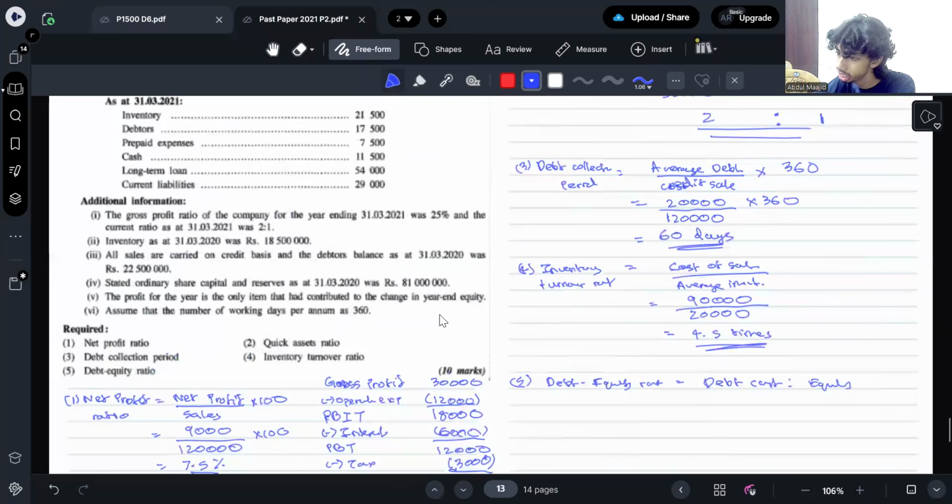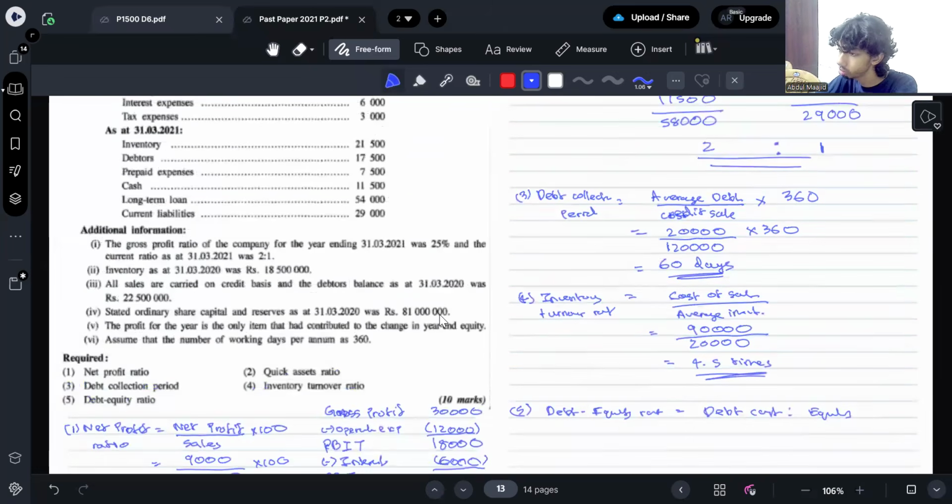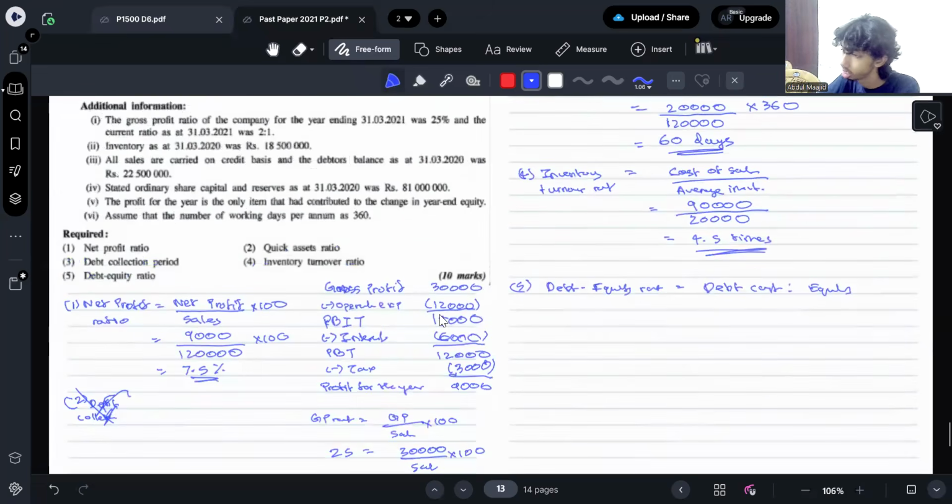The stated ordinary share capital and reserves as at 31st March 2020 is 81,000. This is the opening balance, right? This year is 2021. They have given the balance of 2020. This is the opening equity. Opening equity is given as 81,000. How do you find closing equity?